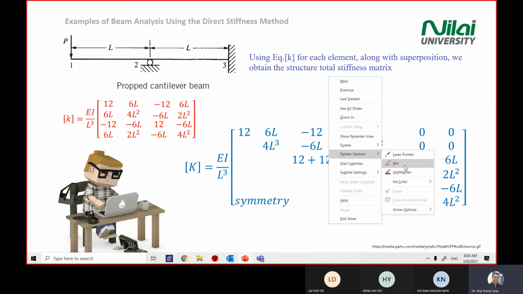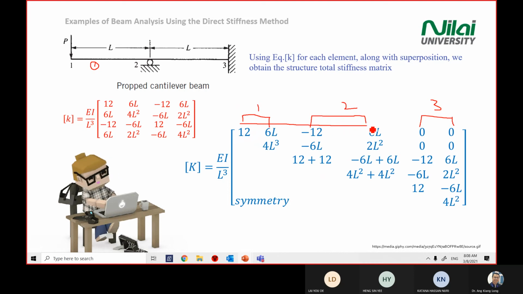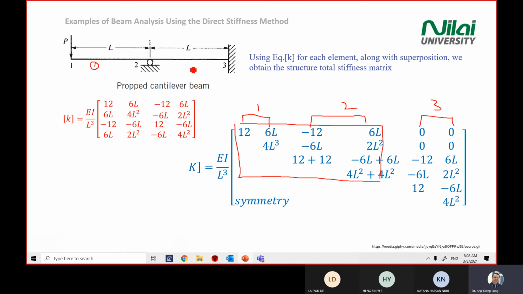Just to explain, these 2 columns are point 1, these 2 columns are point 2, these 2 columns are point 3. Each point has a displacement. For element 1, you see that it has points 1 and 2, so this 4 matrix here represents element 1.